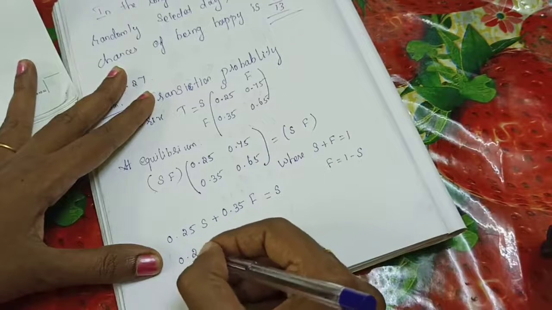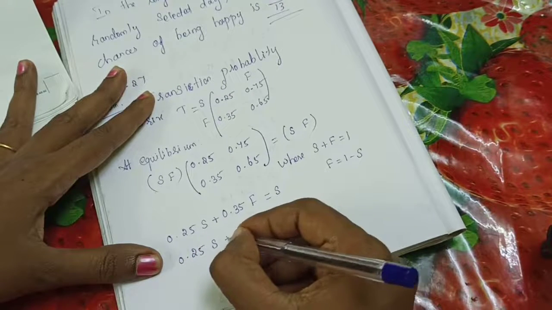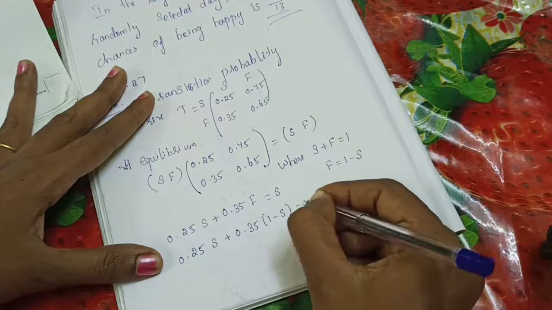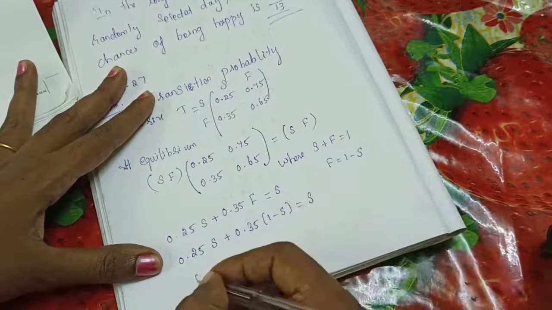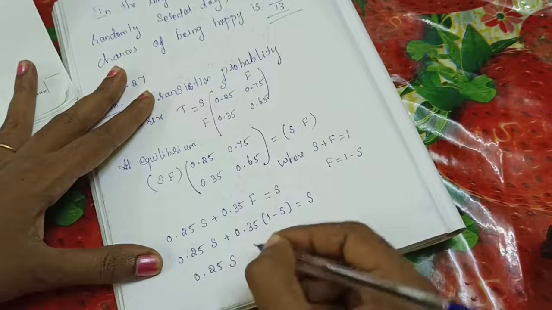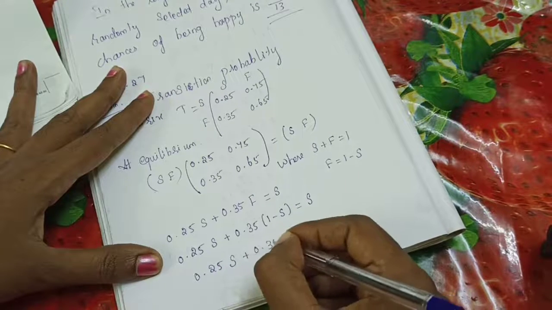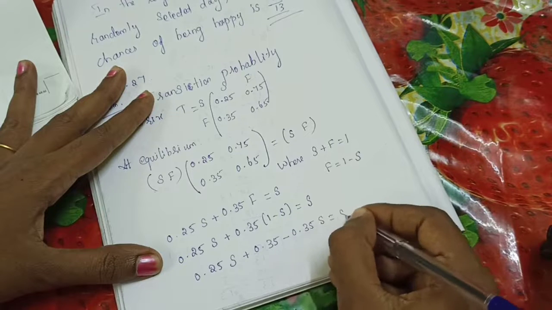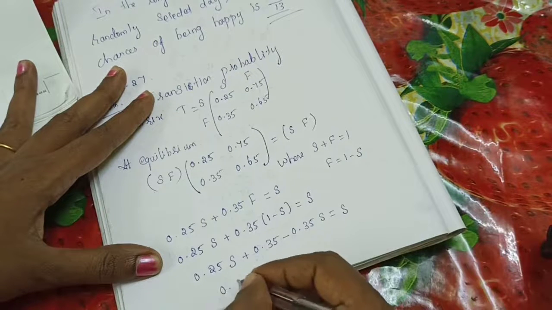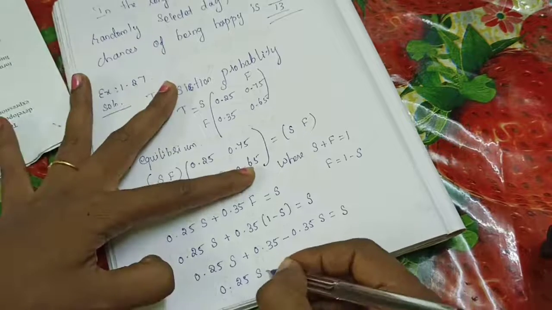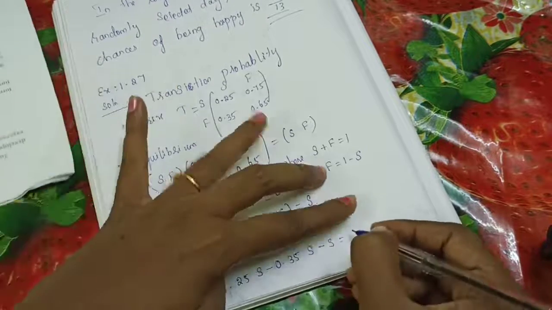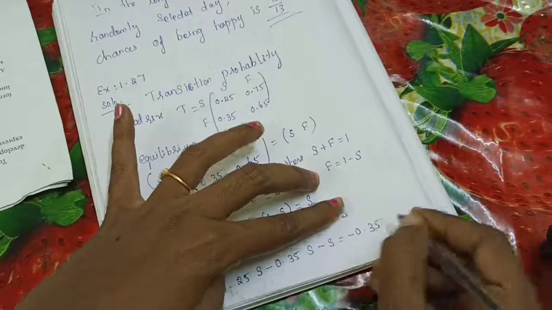So 0.25 into S plus 0.35 into 1 minus S is equal to S. So 0.25 into S plus 0.35 minus 0.35 into S is equal to S. Then 0.25 into S minus 0.35 into S minus S is equal to minus 0.35.